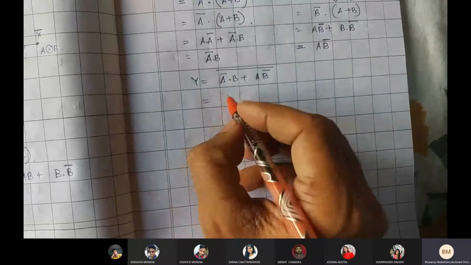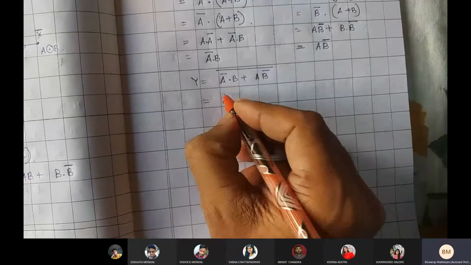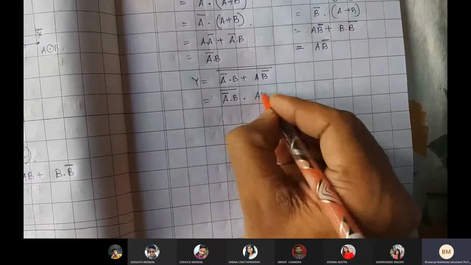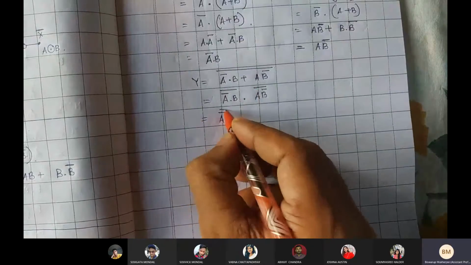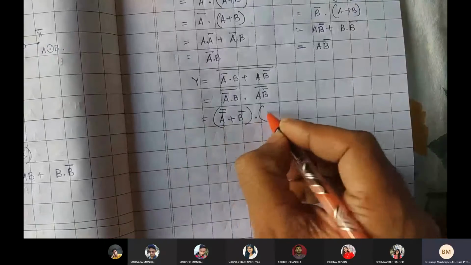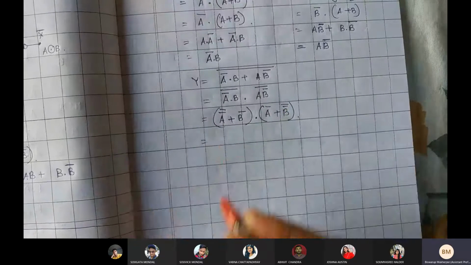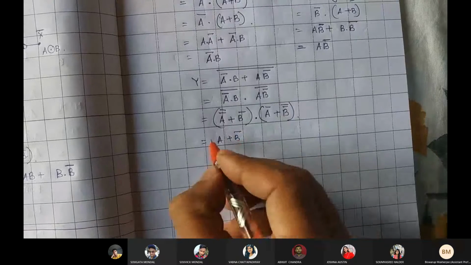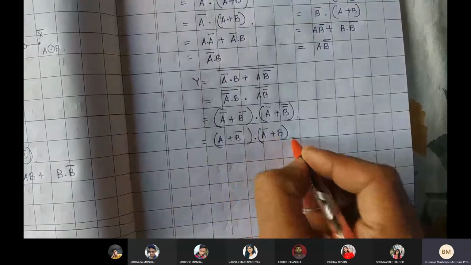Let me break this one: (A complement B) whole complement dot (AB bar) whole complement, right? Again we break: (A double bar plus B bar) dot (A bar plus B double bar), right? So that is nothing but (A plus B bar) dot (A bar plus B).